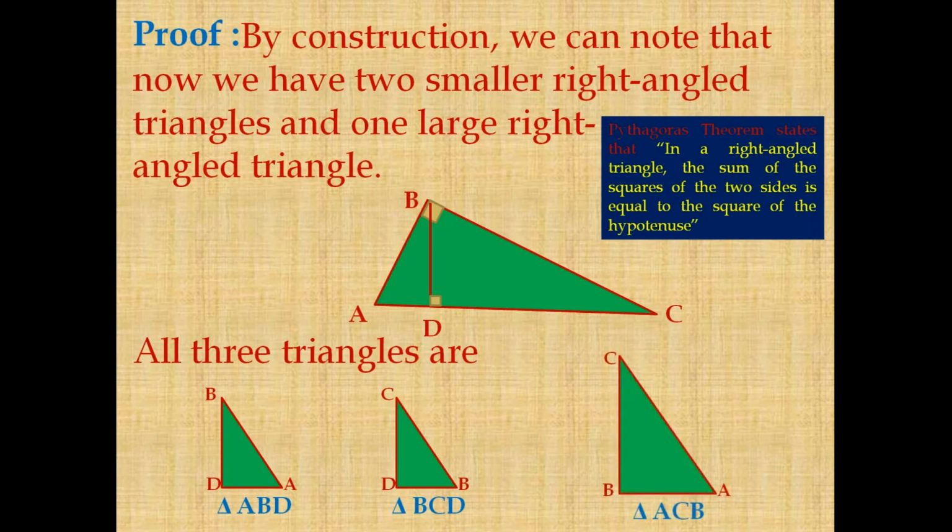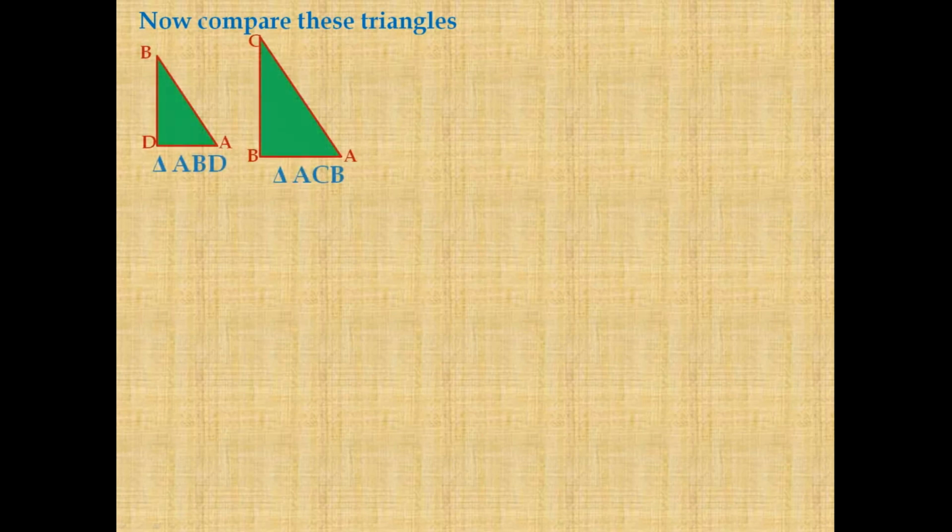From the above figure, we rearranged the three triangles. Now compare these triangles. What are they? Triangle ABD and triangle ACB.